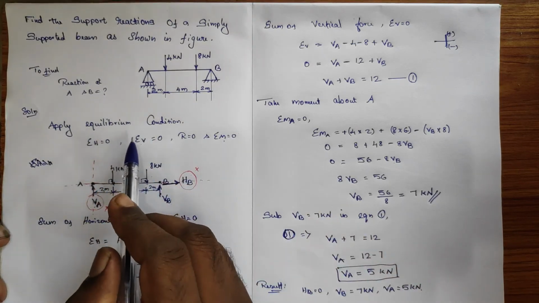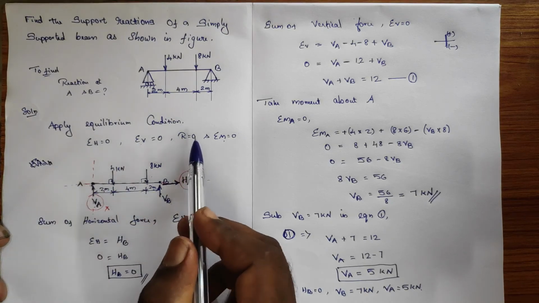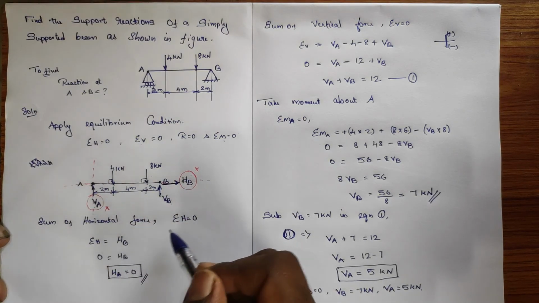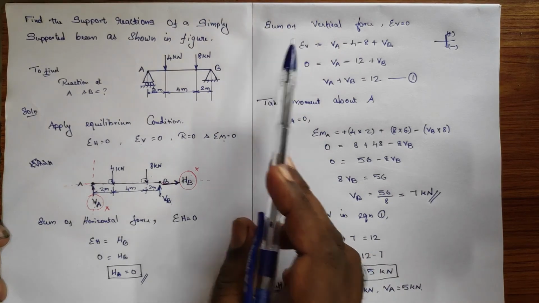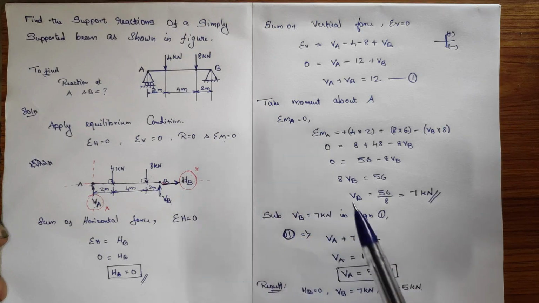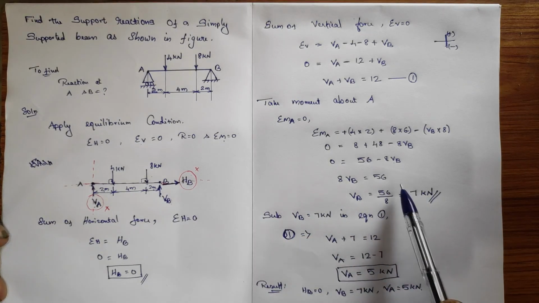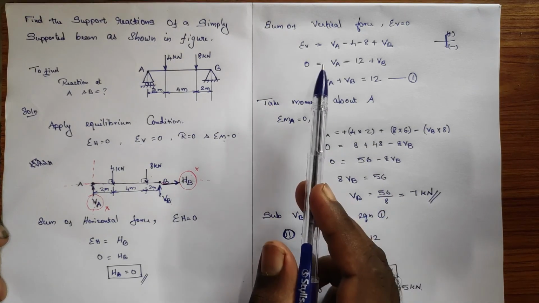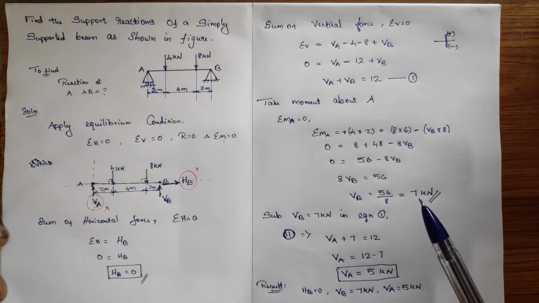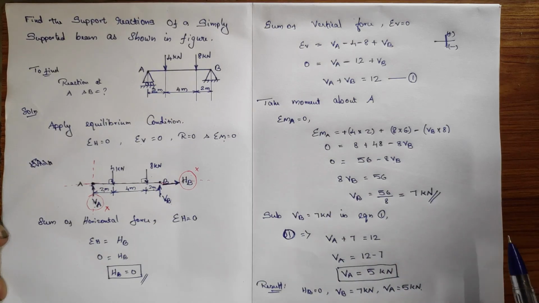After that, in each step you need to follow: sum of horizontal forces equal to 0, sum of vertical forces equal to 0, and then apply moment equal to 0. Definitely there we will get some answer. If you substitute into the equations obtained from the horizontal and vertical forces, we will get the other unknown reactions. Okay, so this is how we need to follow. I hope you understood. Thank you so much.